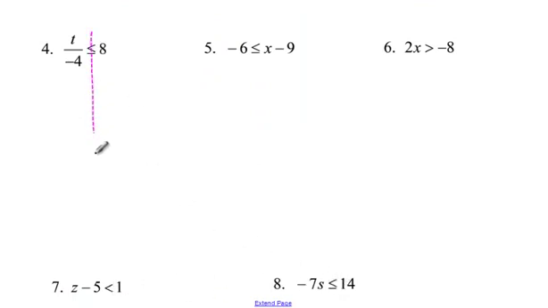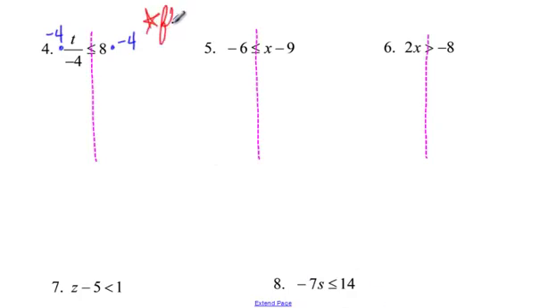I'm going to work through these a little more quickly this time. And I'm not going to talk it through, so if you want to watch, you can watch. Actually, I am going to talk this one through because this one's a little bit strange. We have to undo the division by multiplication. We're multiplying by a negative. Remember, I said that was a special. We have to flip on that one.